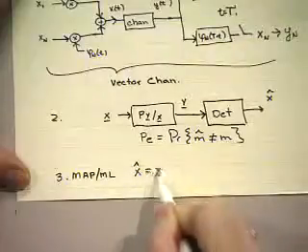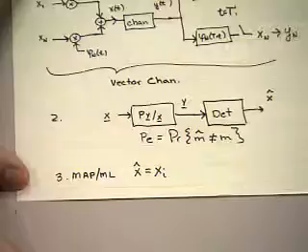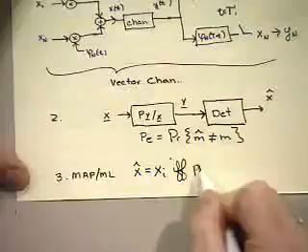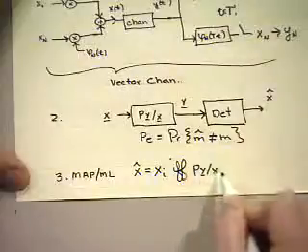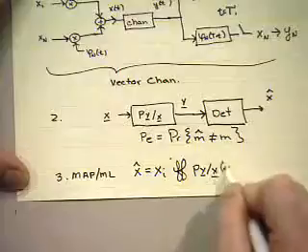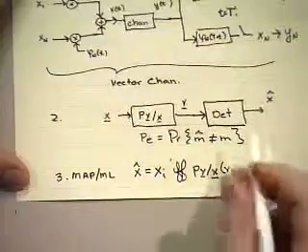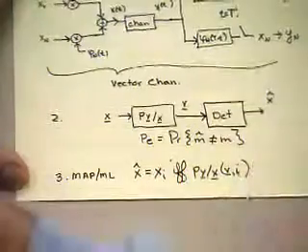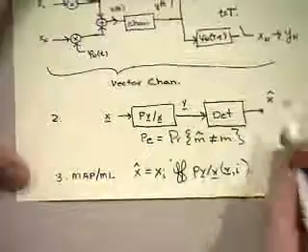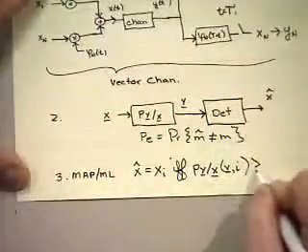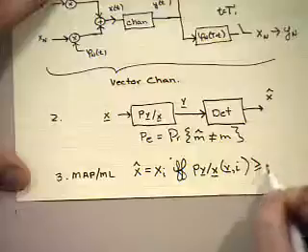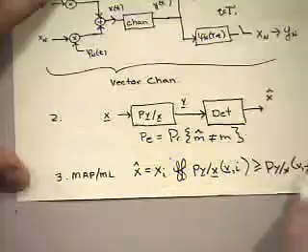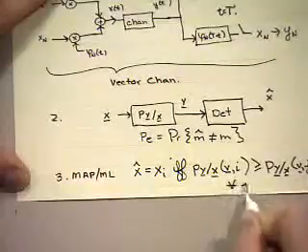X hat is selected as a particular message, x of i, if and only if the probability of y given x for the received value that we actually got at the output of the channel, we'll call that v, be strict in the mathematical sense, we shouldn't put y and x inside the parentheses if we have them here on the subscript, that has to be the largest, and p of y given x v j for all j not equal to i.